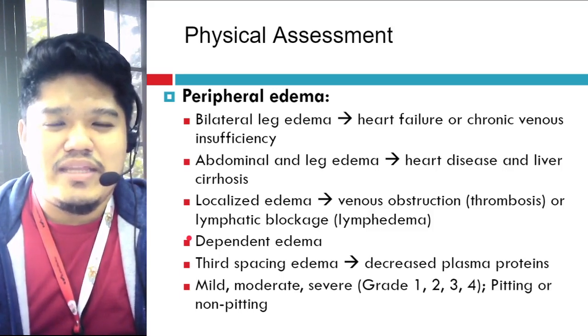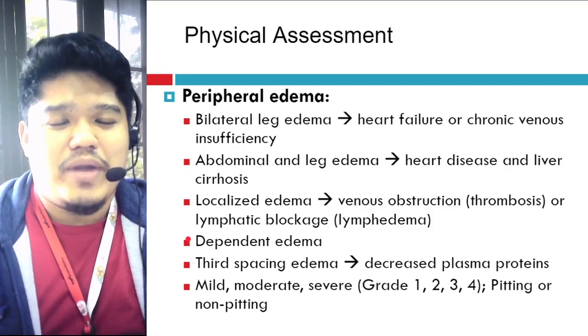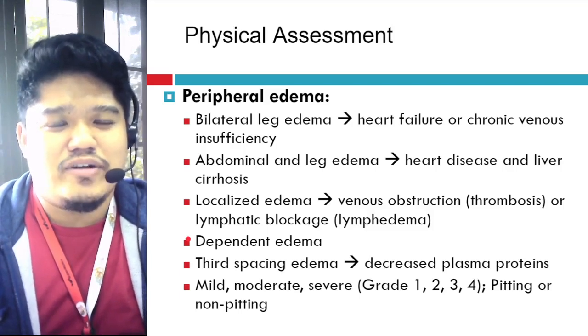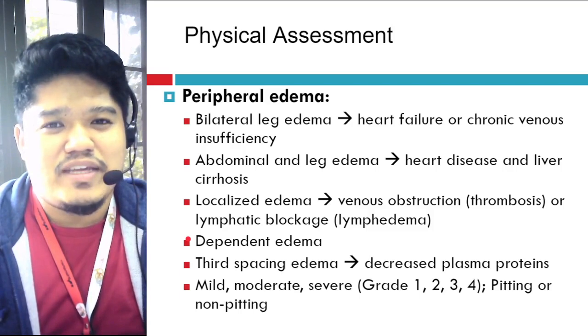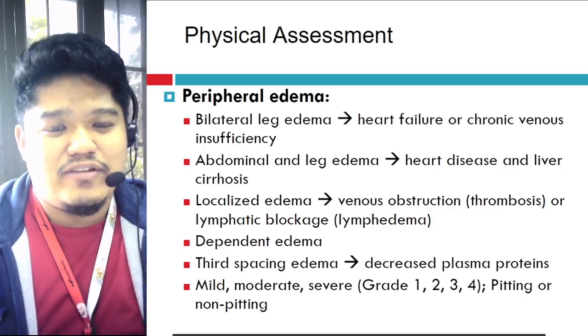When we say pitting edema, there would be an indention upon palpation or pressure onto the specific area of edema. When we say non-pitting, there would be absence or no indention after a little or light pressure.